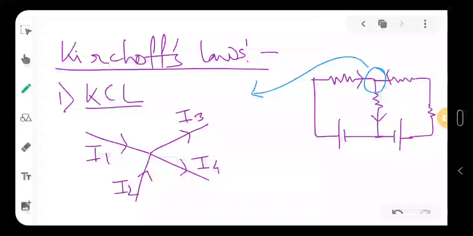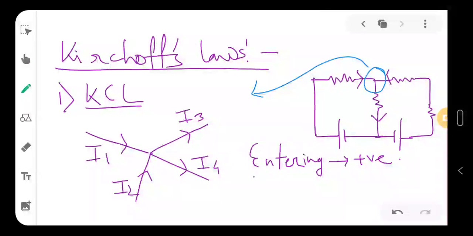So Kirchhoff's current law is that the algebraic sum of the currents at a junction will be 0. Let's say the entering current I am taking as positive, and moving away I am taking as negative.